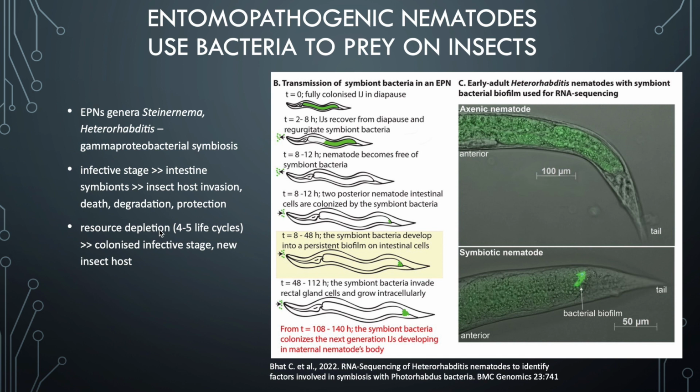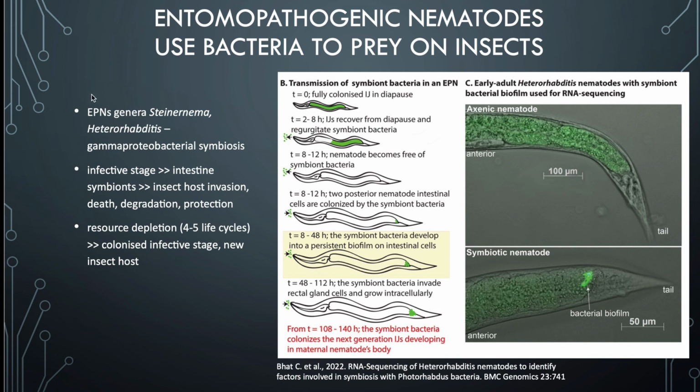So within those 4 to 5 life cycles, the food resource usually is depleted and the colonized infective stage of the nematode finds a new insect host and the cycle starts again. And if you wanted to have a look more closely at how the process occurs, there is a reference to the study that shows this cycle.